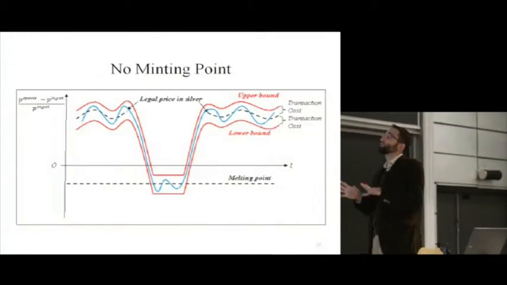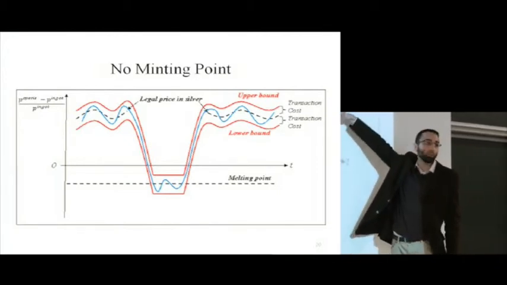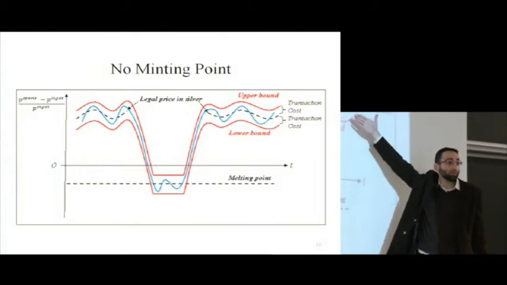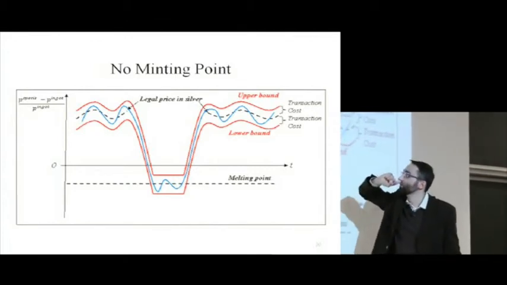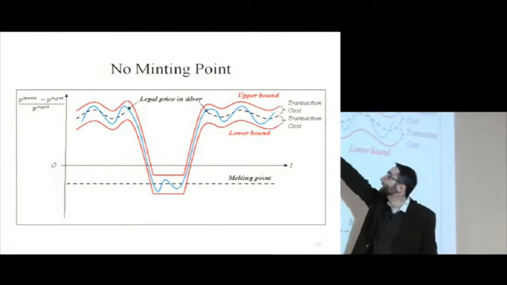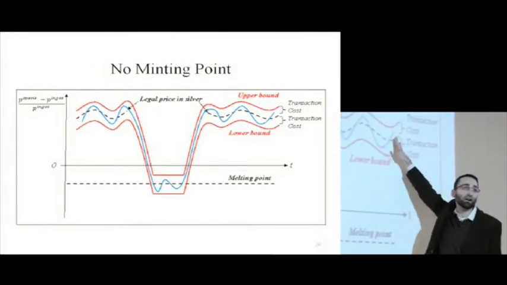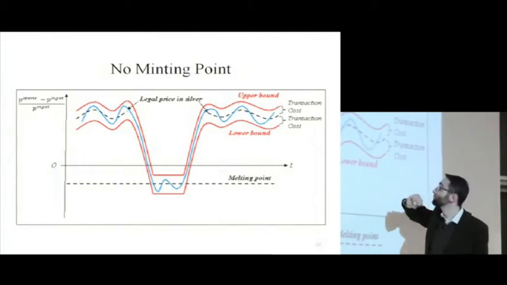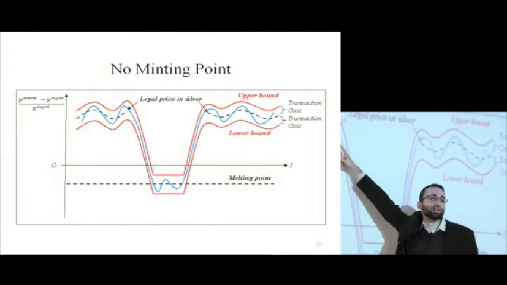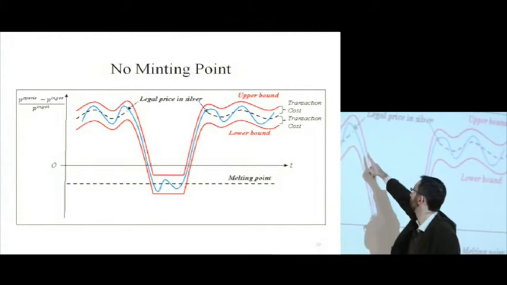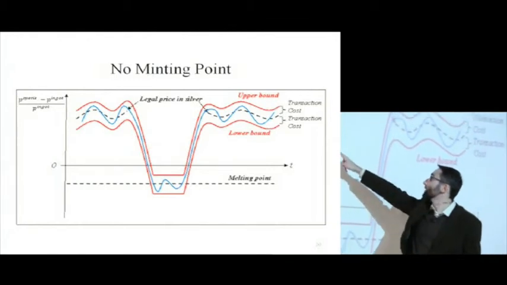And if we try to conceptualize this, we find that we don't have any minting point anymore, because you cannot mint this kind of coin. And the price you would fluctuate around is just the legal price in silver. You can exchange it, so you will have a small corridor around this legal price. But imagine that this legal price is not credible anymore because the state no longer wants to convert this coin at an overvalued rate.